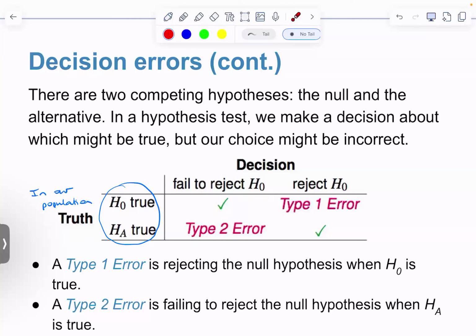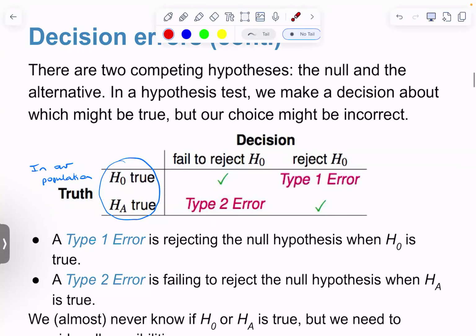So if we actually surveyed every American Facebook user and asked them this question and all of them answered, you can see how that's kind of a problem, then we would have the population proportion, right? So there is some true value that we're trying to figure out what it is through sampling. And so either H naught is true or HA is true, but we don't know which one is true and which one is false.